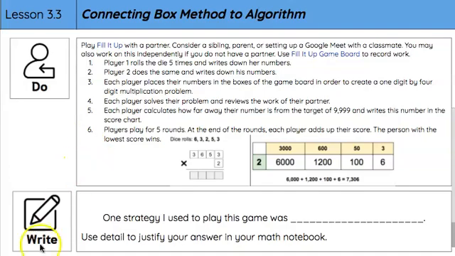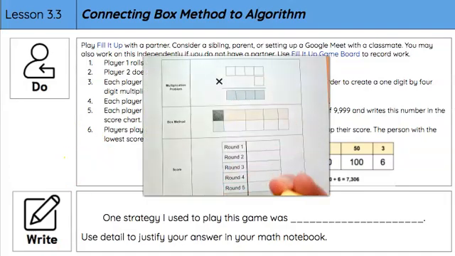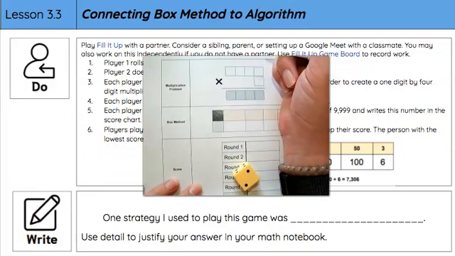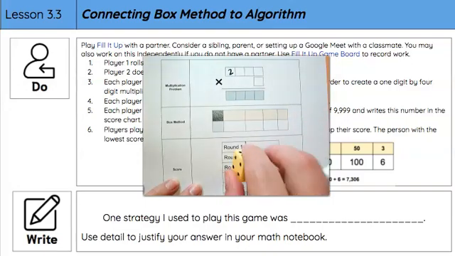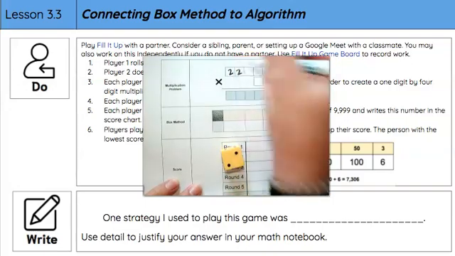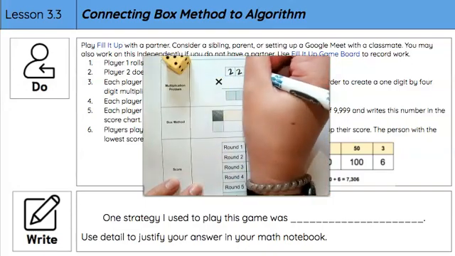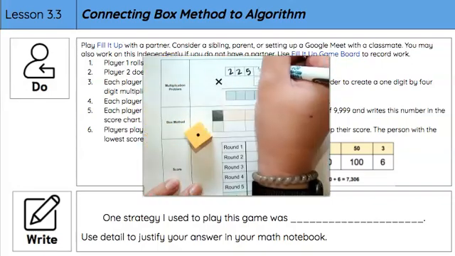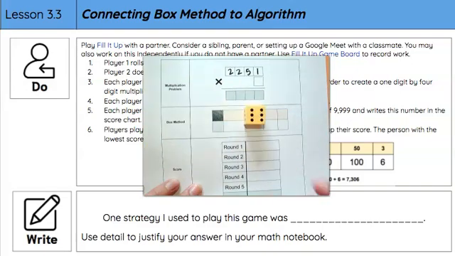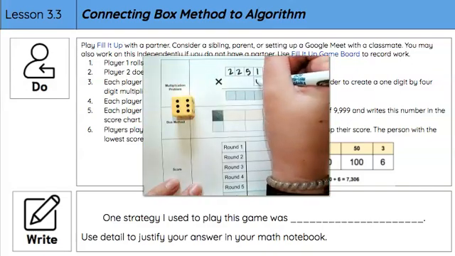Let me show you how to do it. So my first step is to roll my die 5 times. And I'm going to write down all my numbers that I roll. So I have a 2, another 2, a 5, a 1, and a 6.